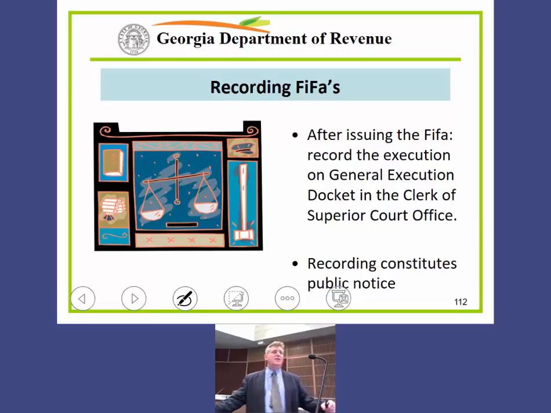And when you record the FIFA, it's important to add the fee to record the FIFA and to cancel the FIFA to the taxpayer's bill, so you do not forget to do it. Because the fee to record the FIFA and cancel the FIFA needs to be paid by the taxpayer.